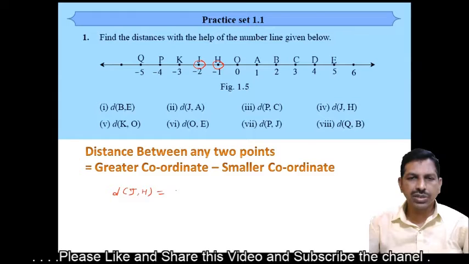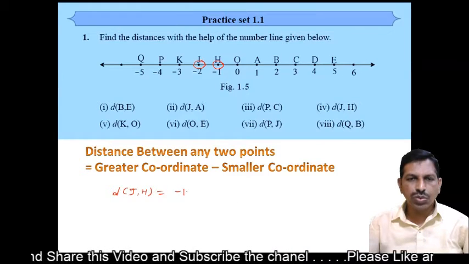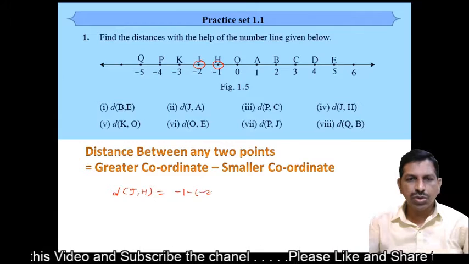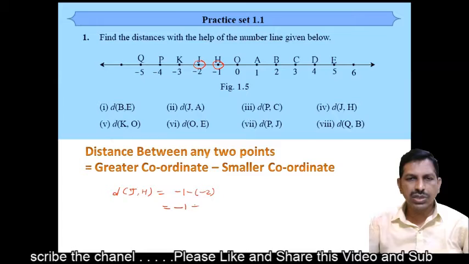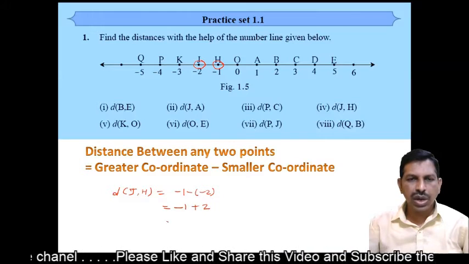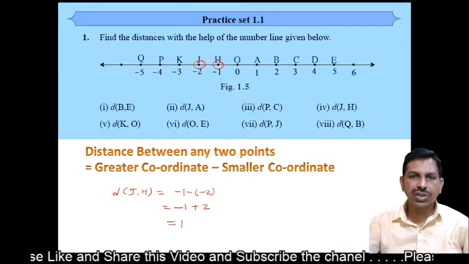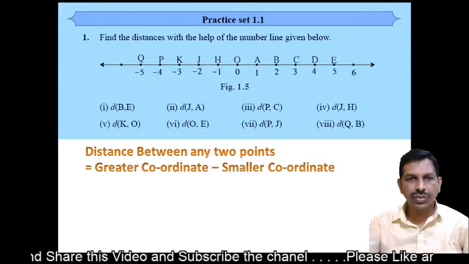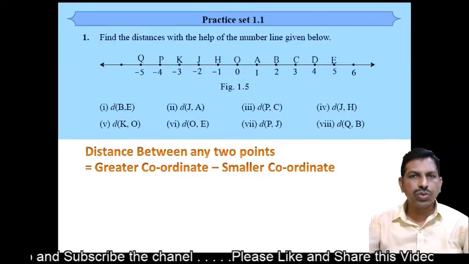Greater coordinate is minus 1 and smaller coordinate is minus 2. So minus 1 minus negative 2, that is equal to minus 1 plus 2, and that is equal to 1, and therefore distance of JH is equal to 1.